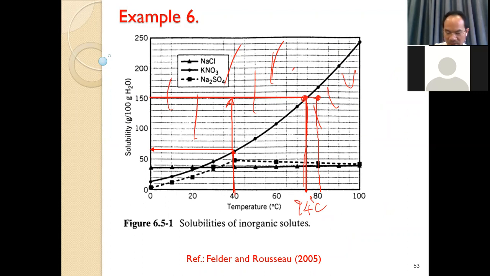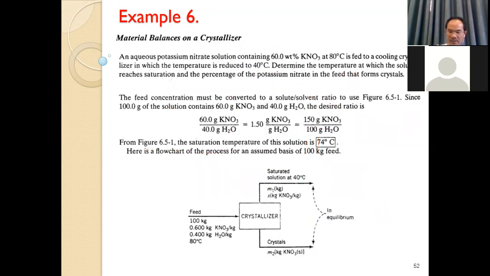How many crystals can be obtained? This is the saturation at 40, and this is the saturation at 74. The difference in concentration is the driving force, and you can calculate the amount of crystal from this point and this point. For the first question, the saturation temperature of the feed concentration is 74 Celsius.